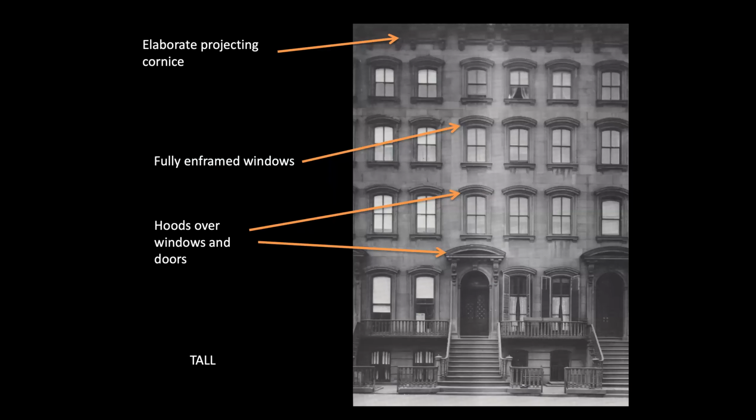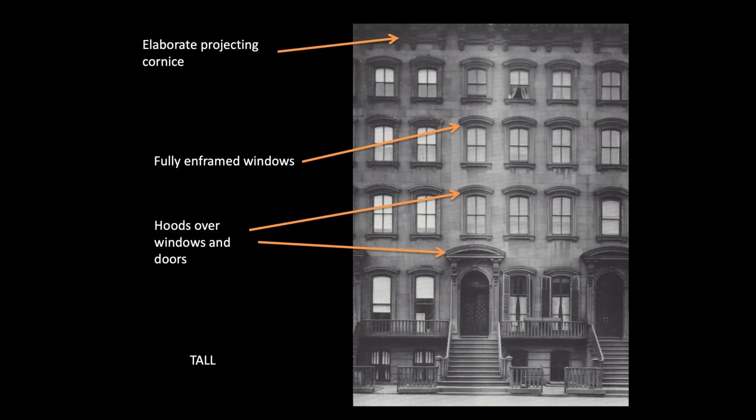And here's a typical Italianate facade. So you can see it's a garden level, but then four stories above the garden level, a flat roof. The cornice gets really, really elaborate and detailed and projects, cantilevers off the wall much more.